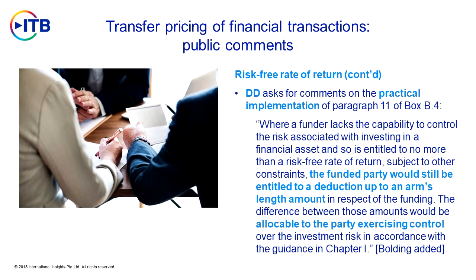The discussion draft then specifically asks for comments on the practical implementation of paragraph 11 of box B.4, which says this: where a funder lacks the capability to control the risk associated with investing in a financial asset, and so is entitled to no more than a risk-free rate of return, subject to other constraints, the funded party would still be entitled to a deduction up to an arm's length amount in respect of the funding.